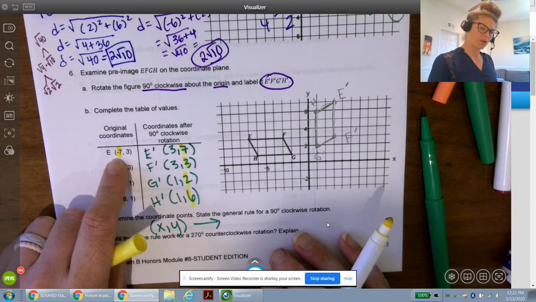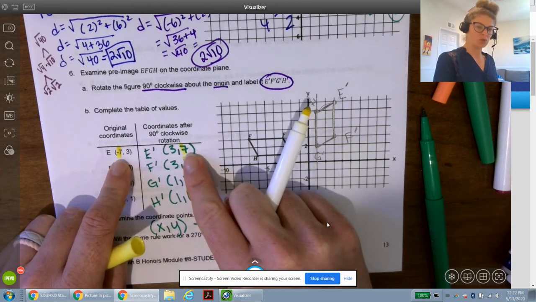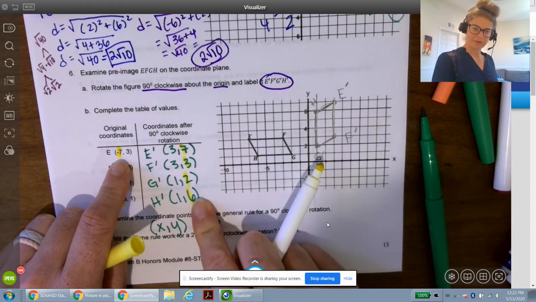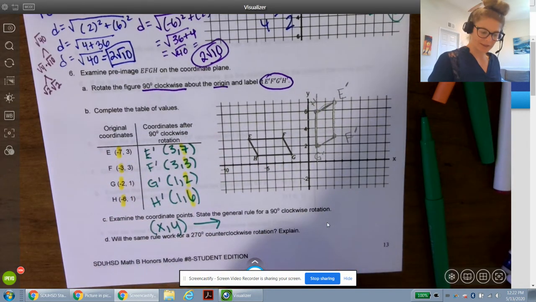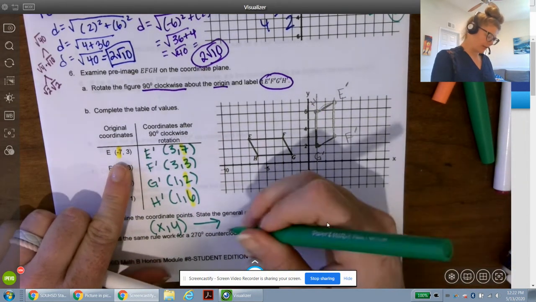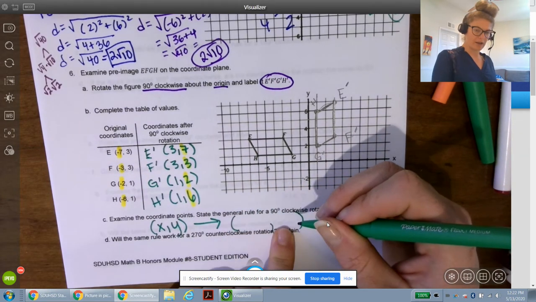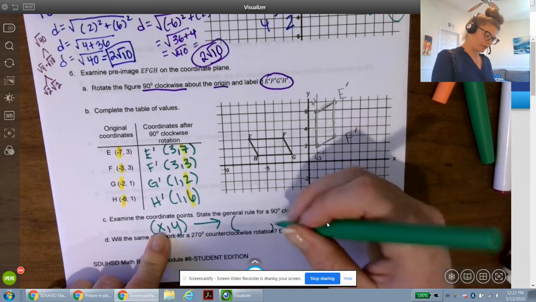So how does the original x value compare to the new y value? The new y value is the opposite of the original x value. So here, this y value is going to be the opposite of whatever this was.